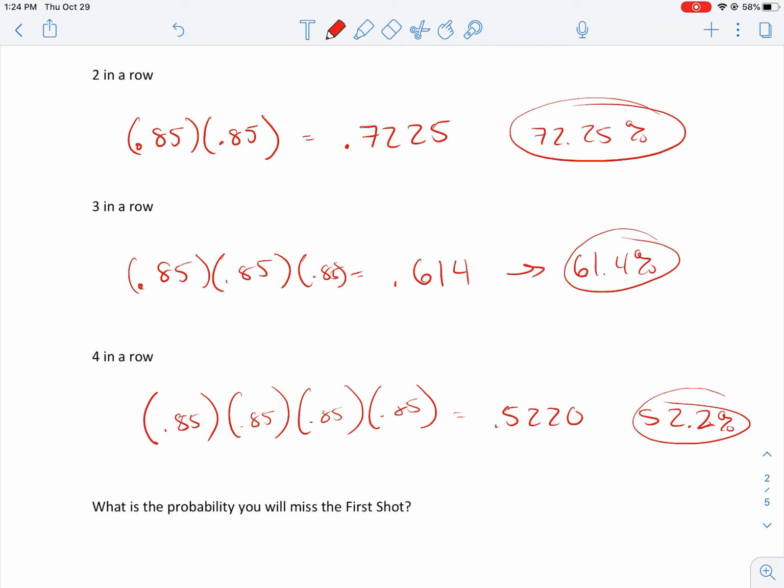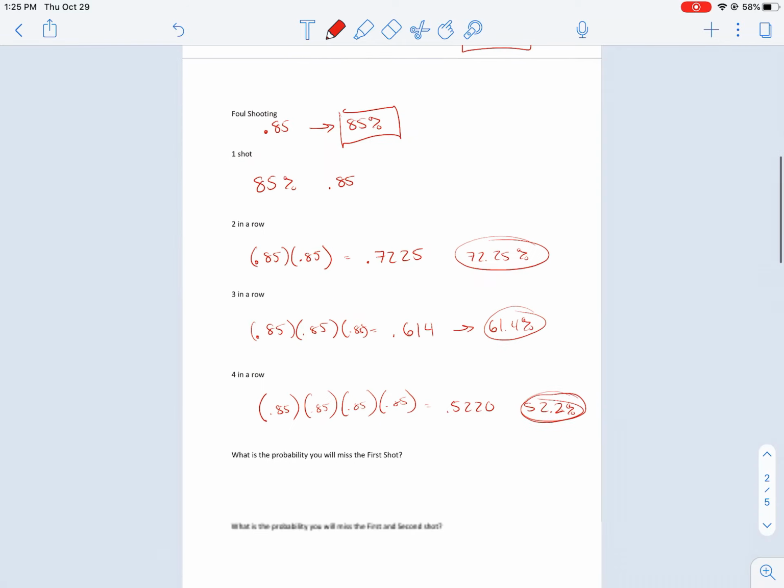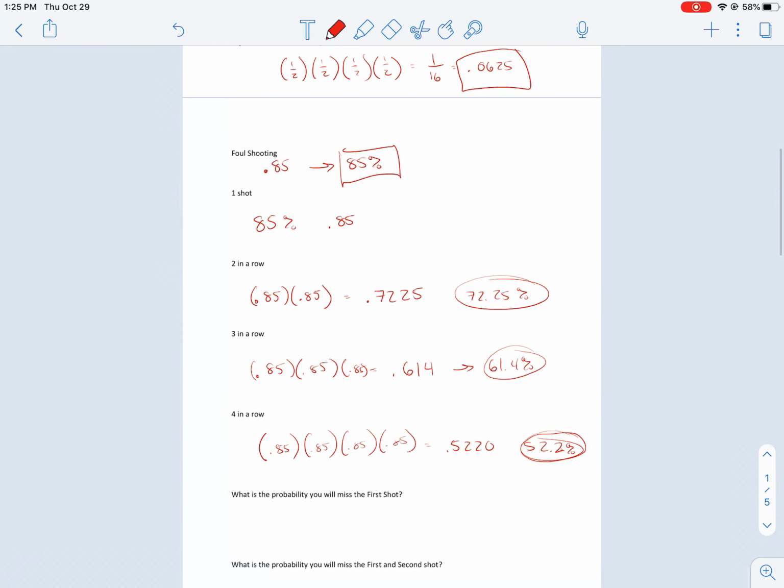Okay, so I have a 52.2% chance of making all 4 of my foul shots, even if I have an 85% chance of making each one, if that's my shooting average. If I make 85% of my shots, to shoot 4 in a row means your average slowly starts to go down.